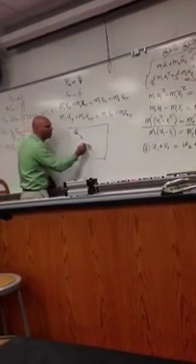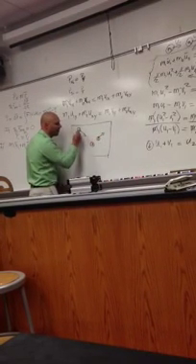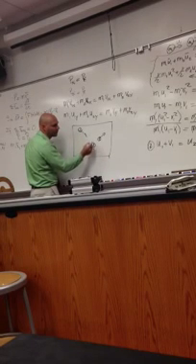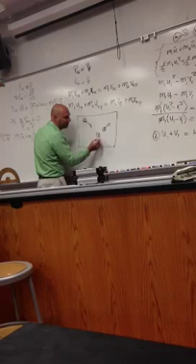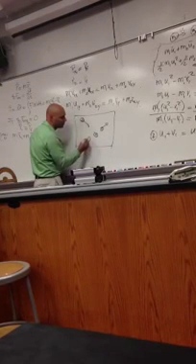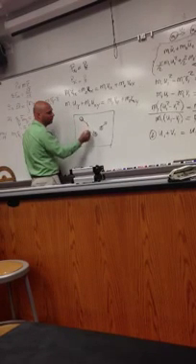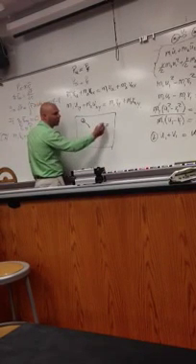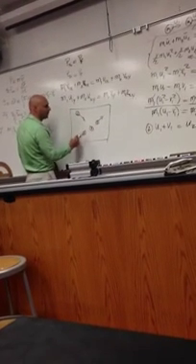At a glancing collision, maybe this will go this way and the 1 will go this way after the collision. So this is before the collision and this is after the collision. This is 2, and this is 1.